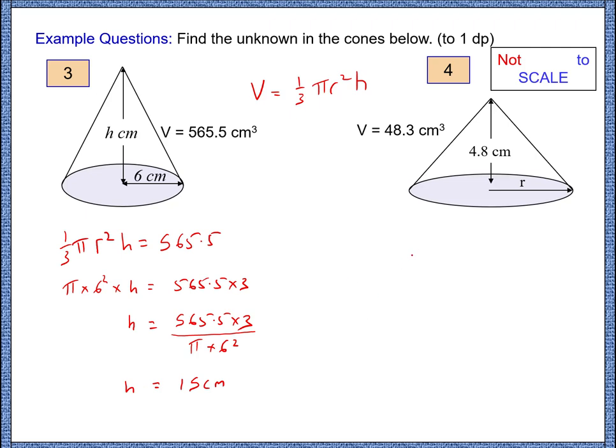On question 2, we need to find r, so we can use the formula again. Remember, we can switch sides because we know the volume, so 1 over 3 pi r squared h is equal to 48.3. The 3 goes up, so it'll be pi times r squared times h, which is 4.8, equal to 48.3 times 3.